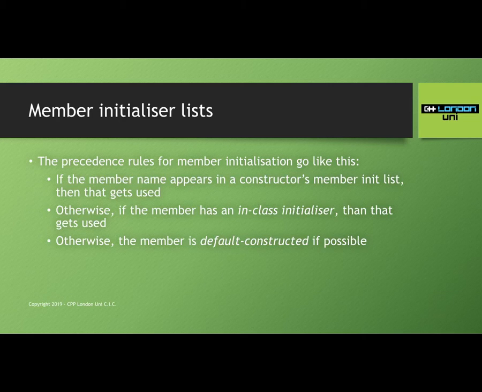If it doesn't appear in the member initializer list, but it has an in-class initializer, which was the case for health on the last slide, then that's the value that gets used. And if neither of those things apply, then we get what we call default initialization, default construction, if the class has a default constructor. If it doesn't, and it doesn't have either of these other two things, then you're going to get a compile error.